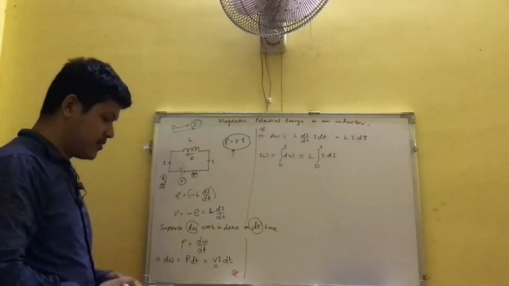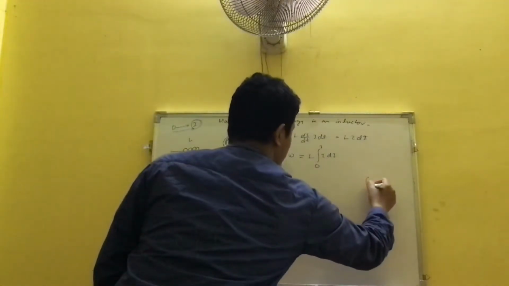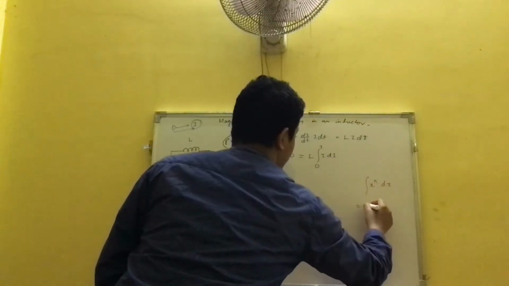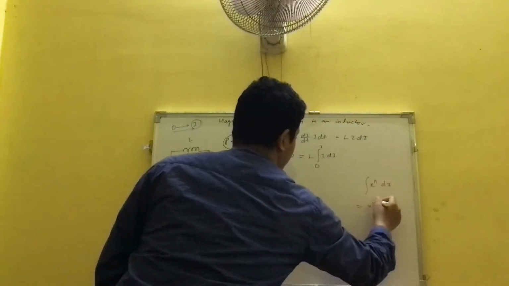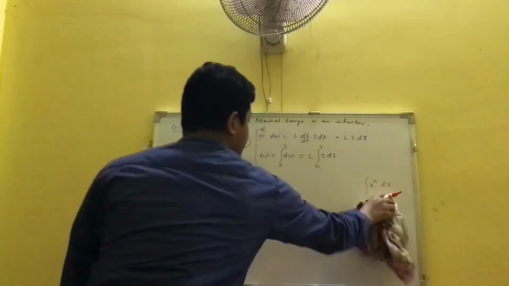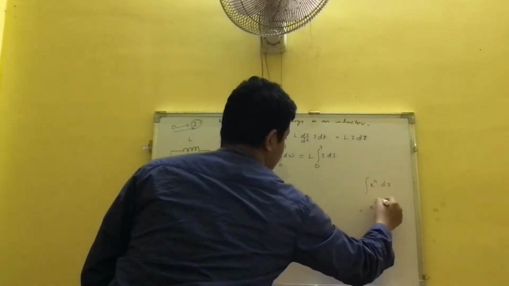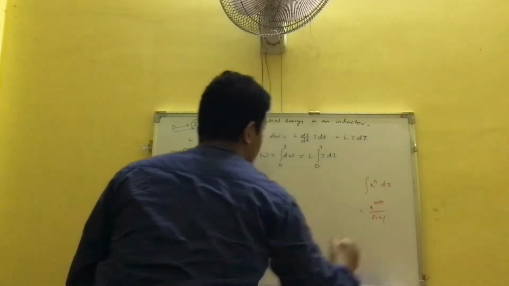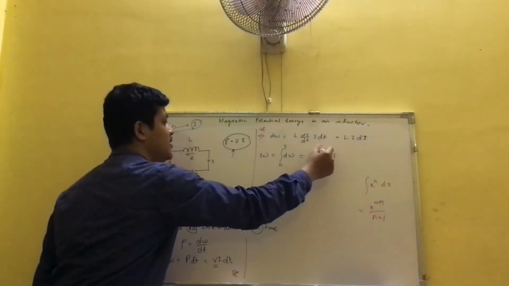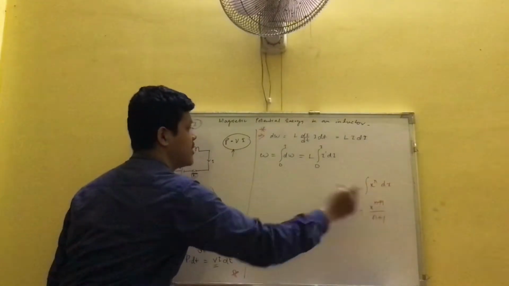Now you have this formula: integration of x to the power n dx is x to the power n plus 1 divided by n plus 1. Here, instead of x, it is I, so n is 1 in this case. So 1 plus 1 is 2.